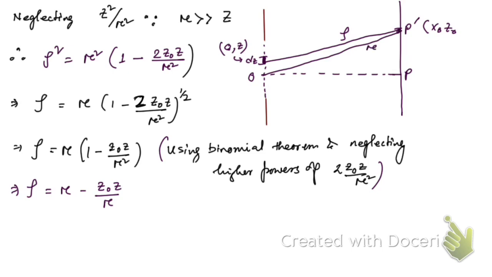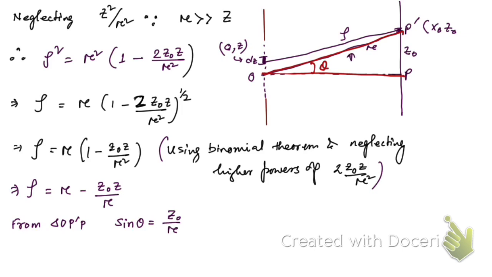So now from this triangle O, P dash and P, this angle is theta, right? From triangle O, P dash P, we will get sine theta is equal to that z naught, that is the perpendicular, z naught by hypotenuse r, z naught by r, right?